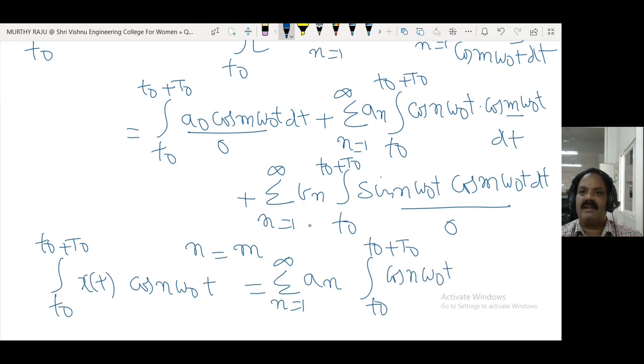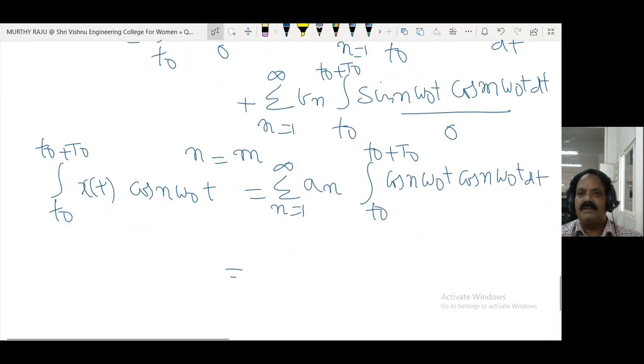Here m is replaced with n. The remaining terms, a naught cos omega naught t integrated over this interval, and sin n omega naught t cos n omega naught t dt over this interval, are 0. Here m is equal to n, this integral is not equal to 0. If m is not equal to n, this integral is 0.